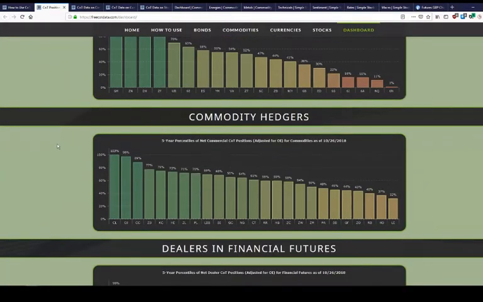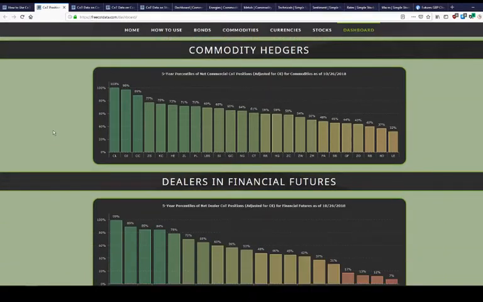Let's see, we can look at hedger positioning in commodities. So for example, right now, producers and users haven't been this net long WTI, OJ, cocoa, soybeans in a long time. What this means is that when hedgers are extremely net long relative to the past, producers haven't been apt to hedge a lot of their future production, but users who hedge by buying have been heavily hedging their future use needs by buying futures.